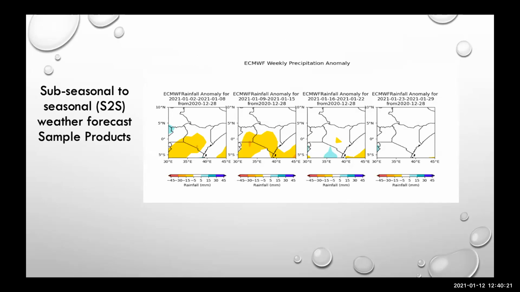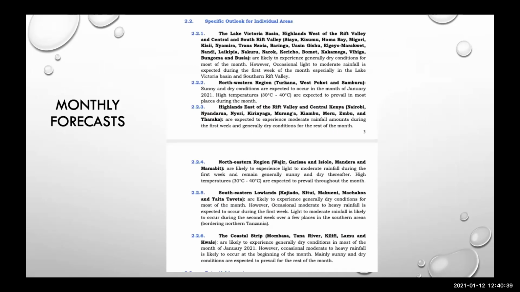The S2S is very important for us, especially nowadays when our users have always requested weekly forecasts within the monthly forecast. So when you look at our monthly forecast, nowadays we are able to talk about how the first week of the month is likely to perform.